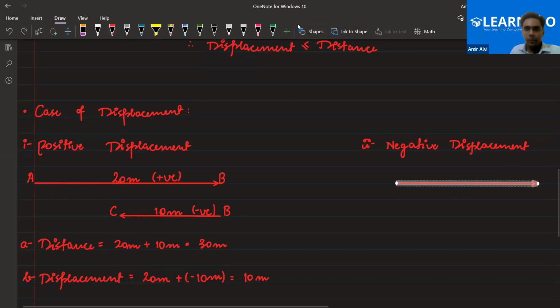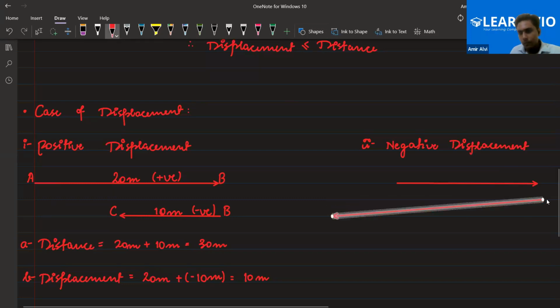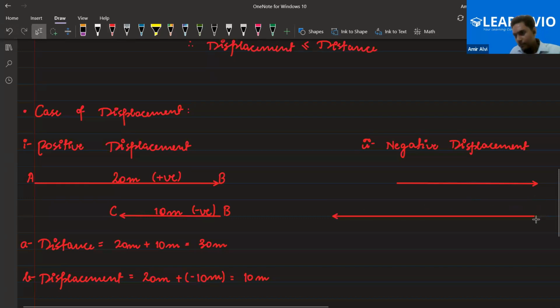Suppose this is A to B, and this is point B, and this is point C. This is 20 meters, and I'm assuming the rightward direction is positive.